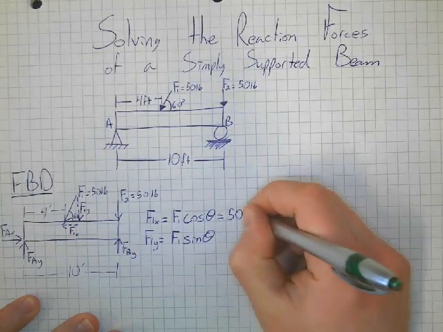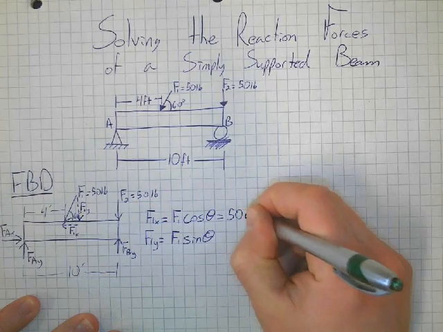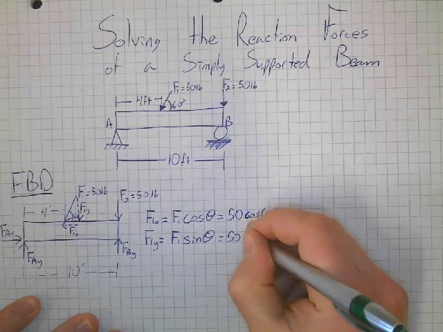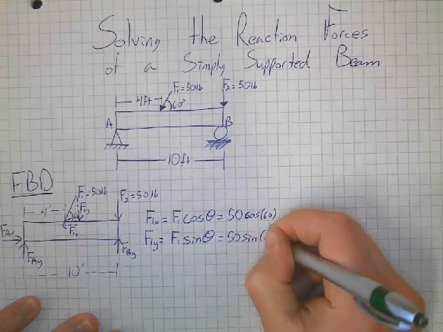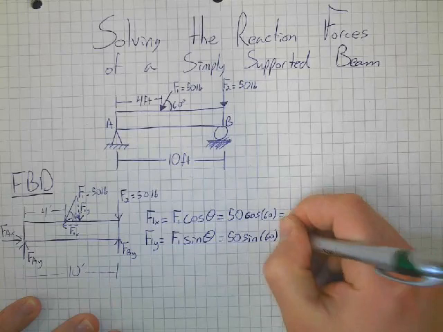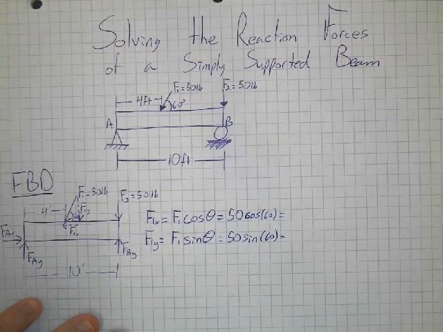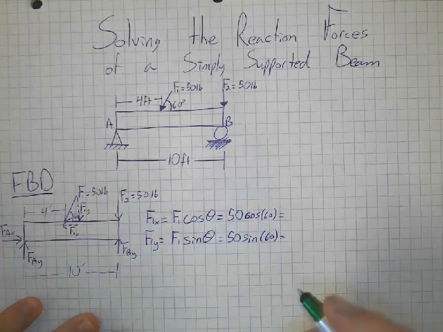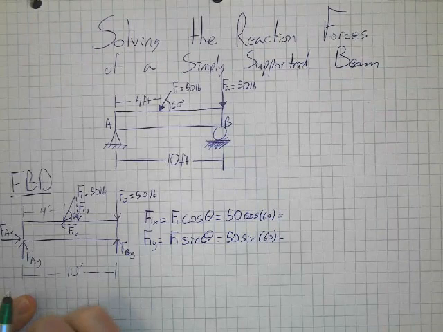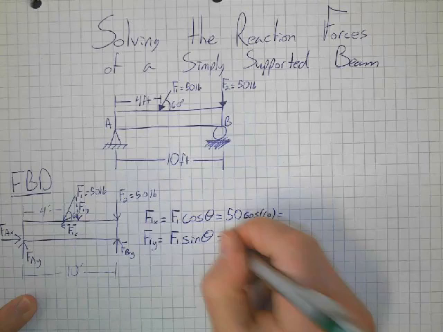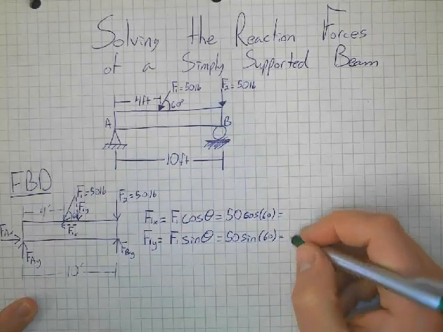50 cosine of 60, 50 sine 60. Okay, so make sure as you do this, if you don't remember your properties, like I always end up forgetting, use your calculator and make sure your calculator is in degrees, not radians.